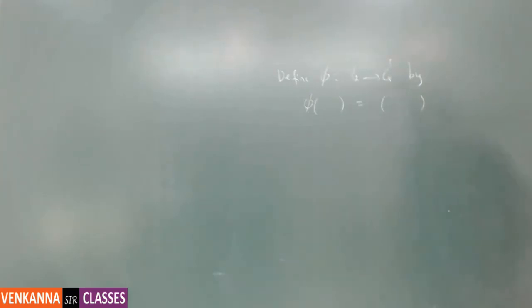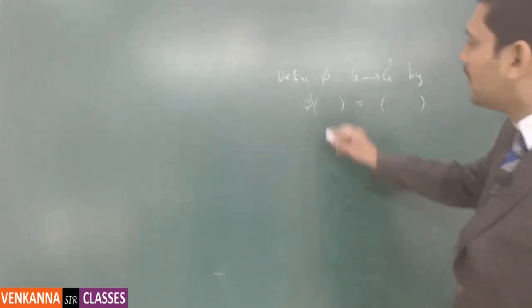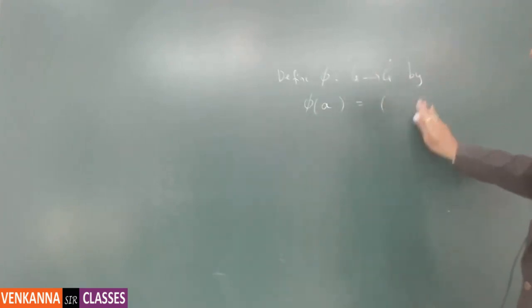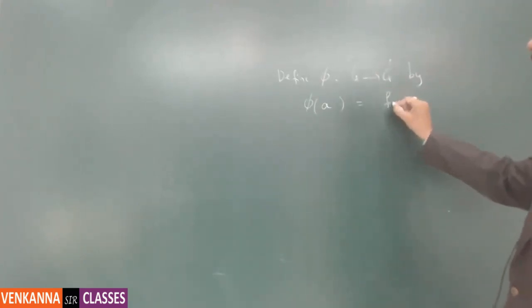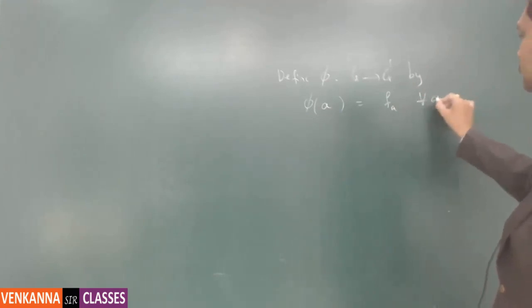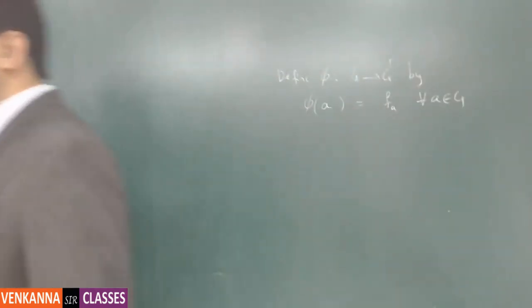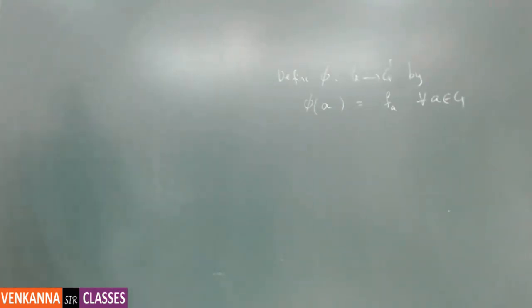Now please understand that G is a group, it contains elements only. G dash is a permutation group, it contains permutations only. So whenever you take an element A here, you are pairing that with the permutation FA. So this is the mapping you define. And obviously it will become the isomorphism.